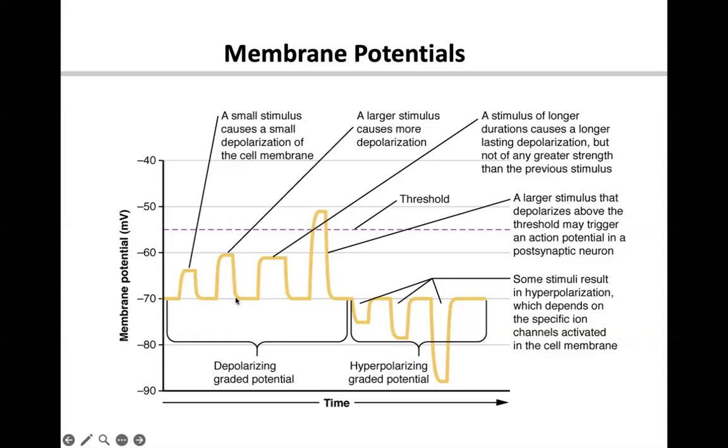So these are very local stimuli. These are known as graded potentials. So they are local. The local potentials are decremental, meaning they get weaker as they spread from one point of origin.